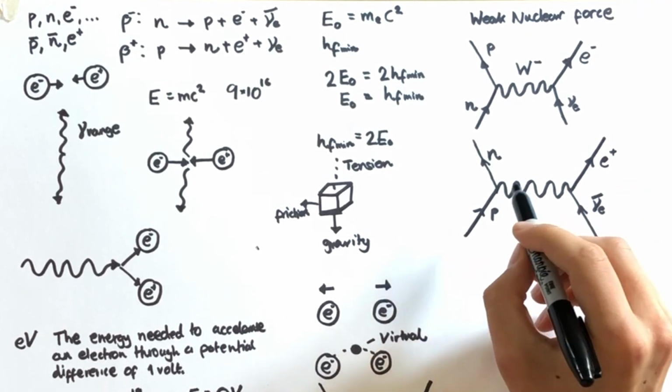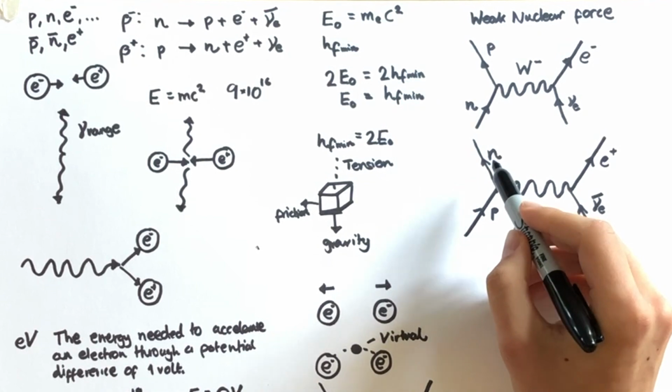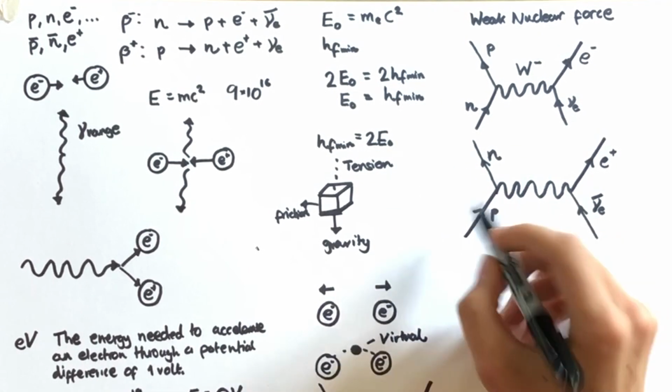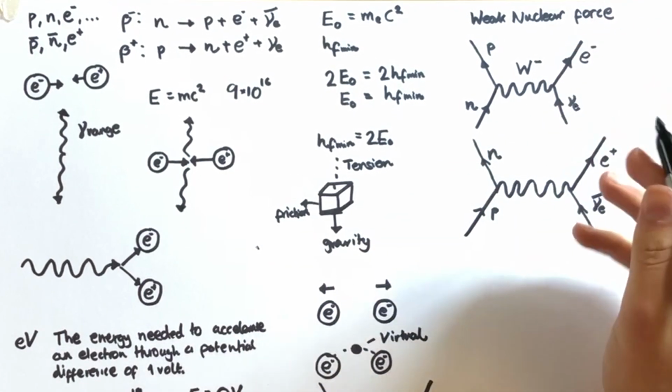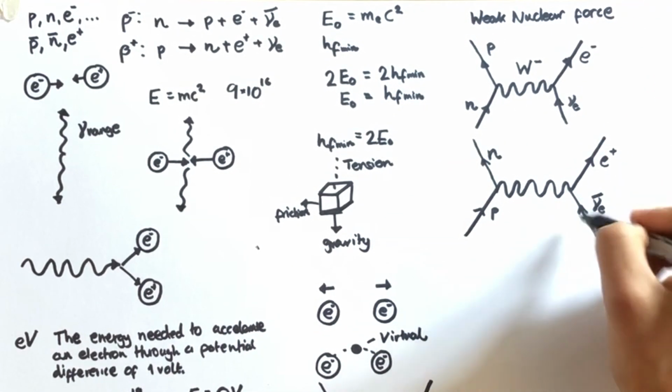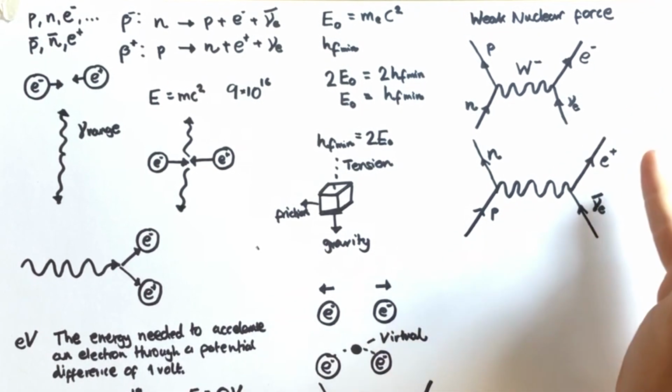Now notice that all protons and neutrons, which are actually collectively referred to as baryons, we'll come on to this a little bit more later, are all on the left hand side, and all of these guys right here are leptons, and they're all on the right hand side.